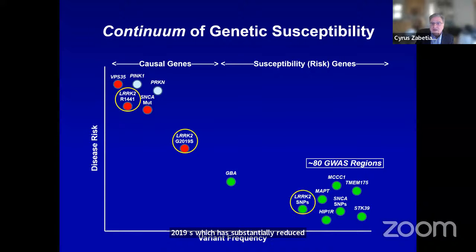And then there are LRRK2 polymorphisms that occur, with minor allele frequencies in the 5, 10, 15, 20, 30% range that have very small effects on disease. Again, not surprisingly, these variants also have varying degrees of effect on protein function. So big effects, more modest effects, and much smaller effects.